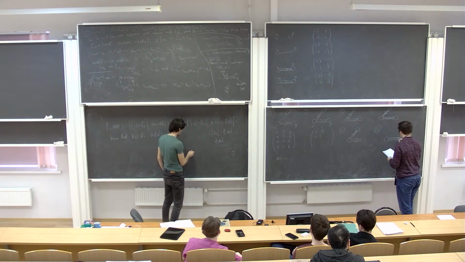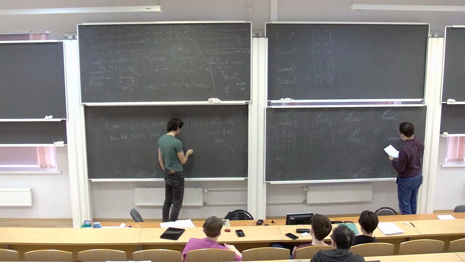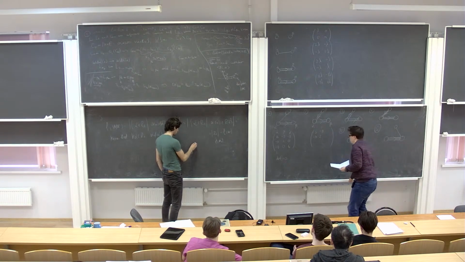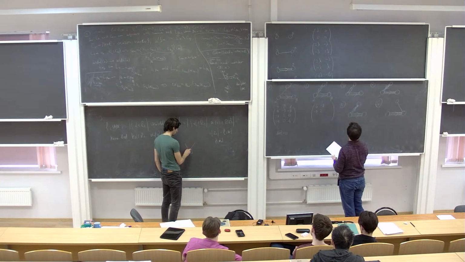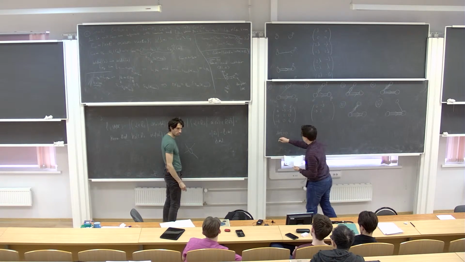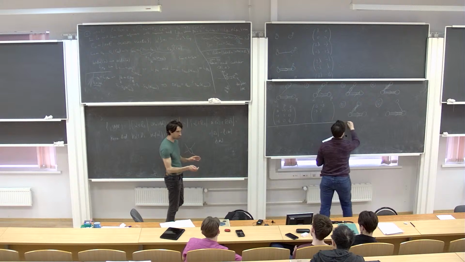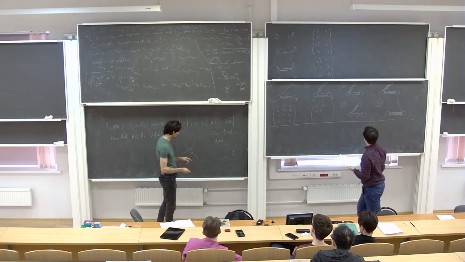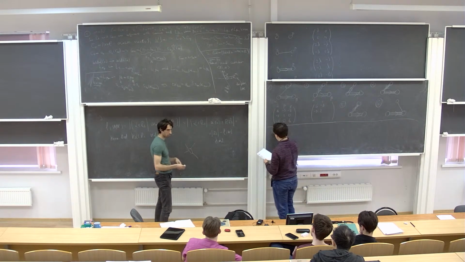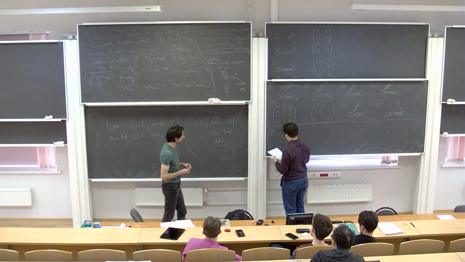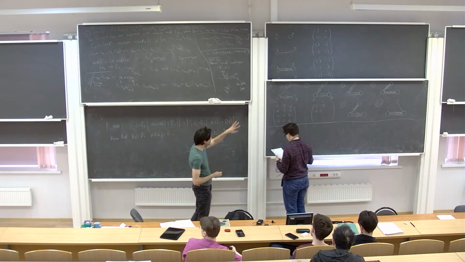Like in Humphreys, remember, we proved that you cannot have valency 4, and the same kind of proof applies to all these cases.